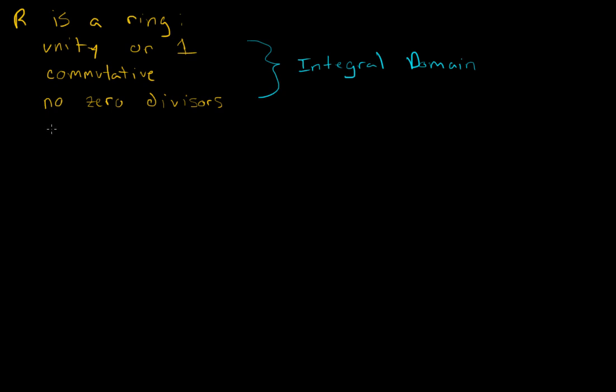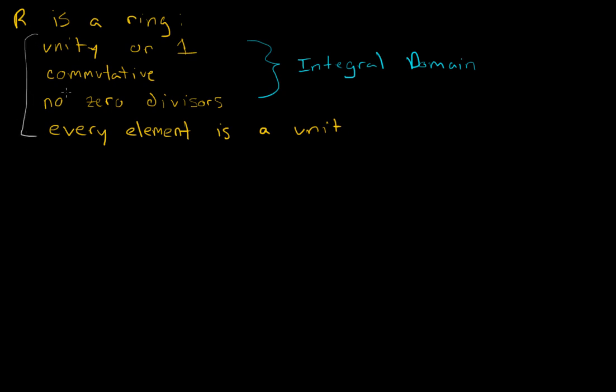So let's say every element is a unit. I just made this up. This is a wish list: if we're handed a ring, it would be nice if it had these four qualities.